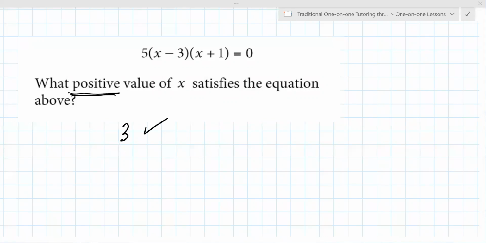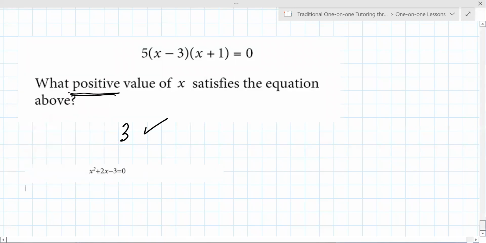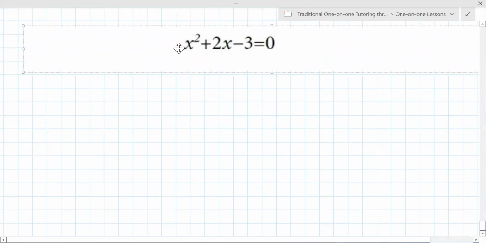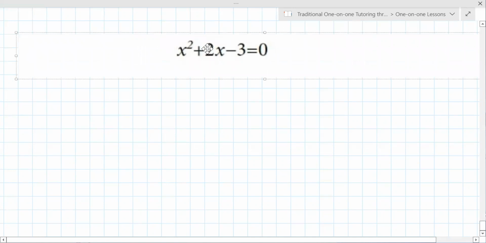Wow, this one is very, very complicated for what it's supposed to be. All right, let me have you factor this. It's a new problem here, and then I'll snip in the rest of the question. So try factoring that. That's finding two numbers that multiply to -3, but add up to +2.